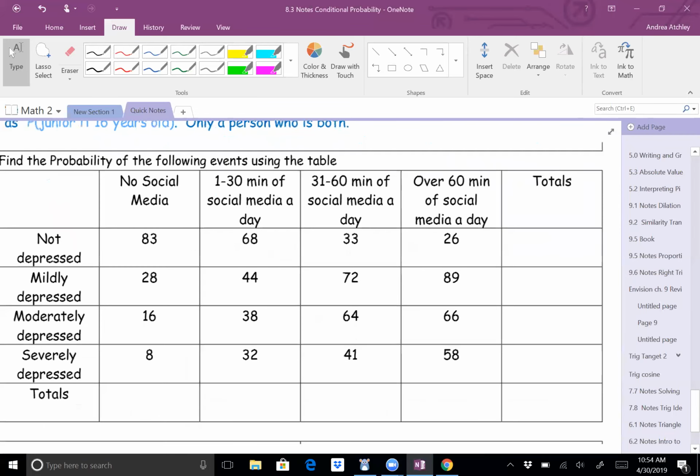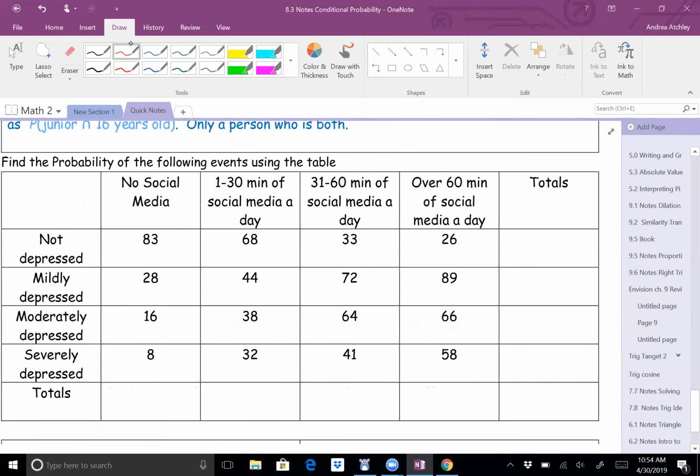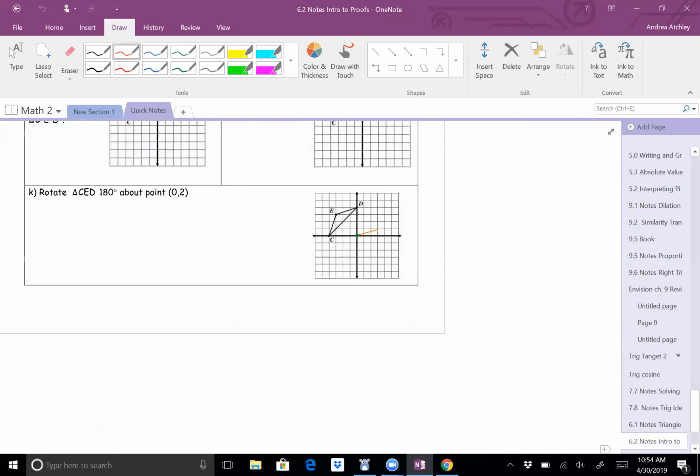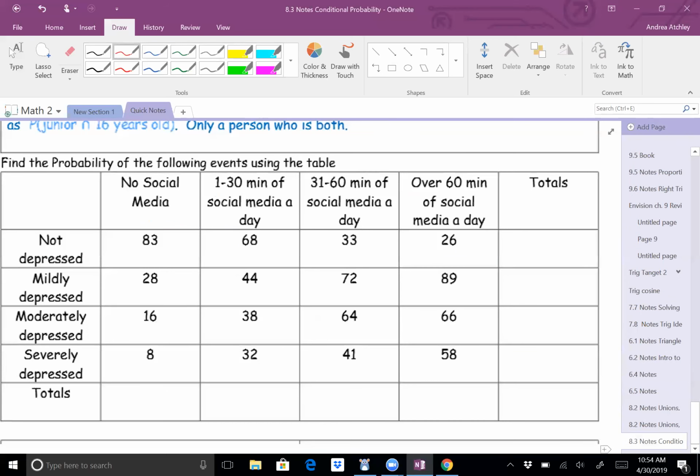So hopefully, guys, we added up a bunch of these. Okay, so this should be 210. And this is 233. Then 184. Then 139. Then we had to add down as well. Did anyone add down for me?